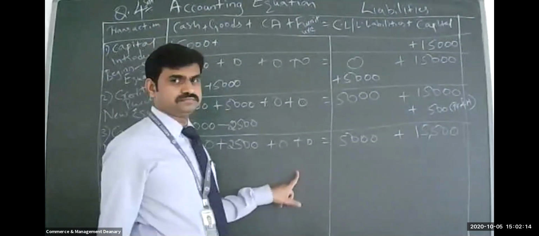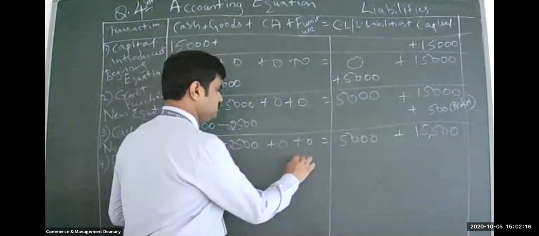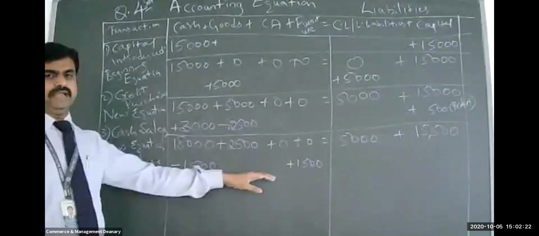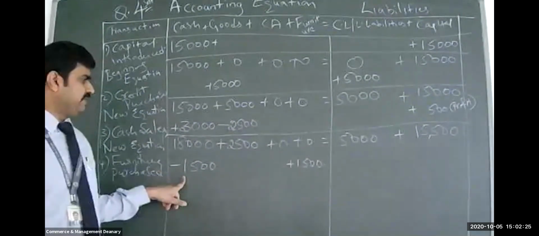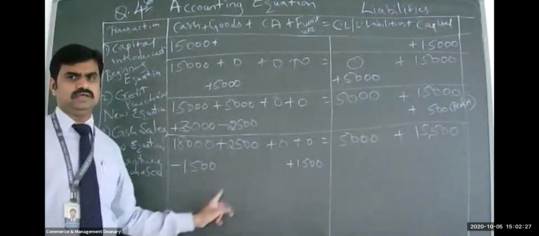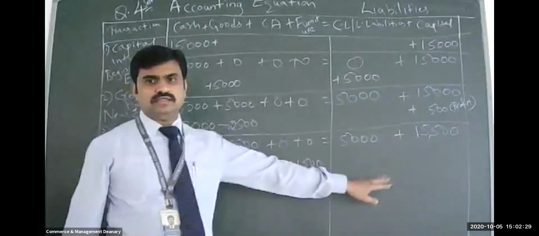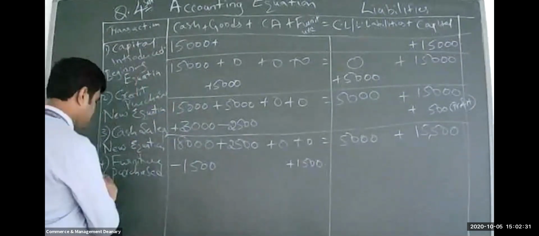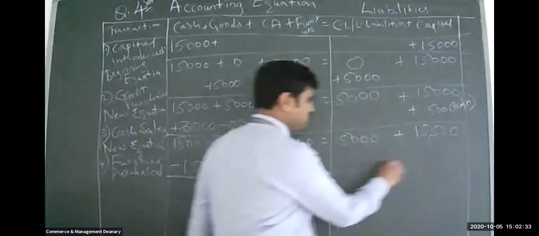Furniture, plus 1,500. So both are equal. Minus 1,500 plus 1,500, so it is 0. So there is nothing to write on the right hand side. Write the new equation now.